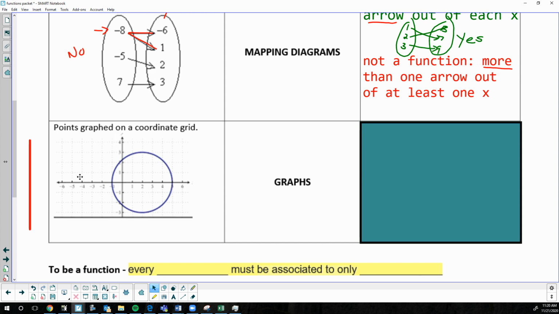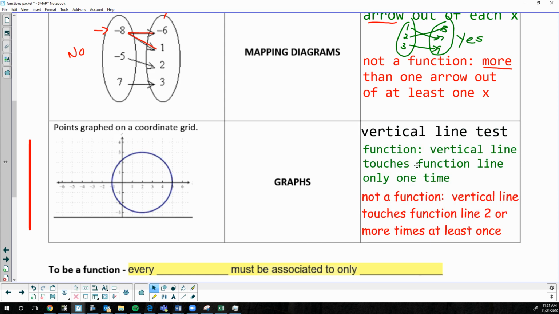It is not part of the graph. And this axis right here is background. It is not part of the graph. It's just like a guideline. So the test is called the vertical line test.